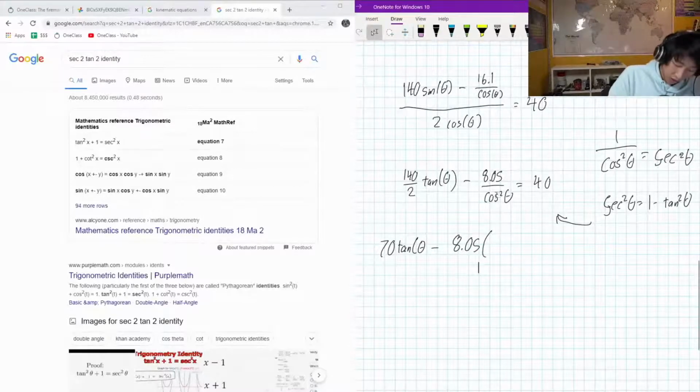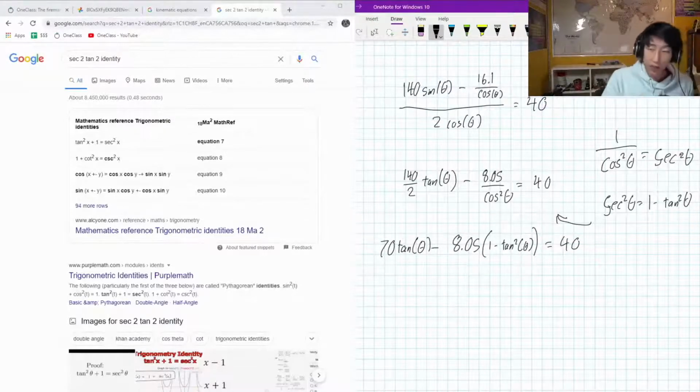And the cos squared became a secant squared when we bring it upstairs, and that's equal to 1 minus tan squared theta. Okay, and that is equal to 40. So as you can see here, we just got to expand this out, and then we're going to have a quadratic formula type of situation.